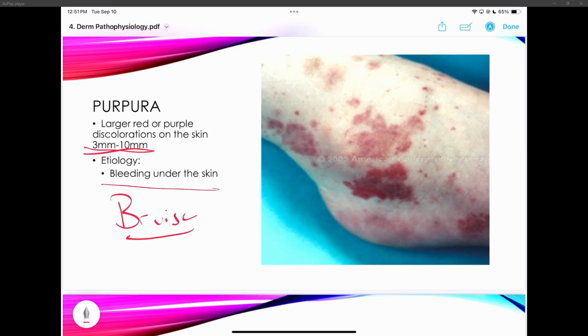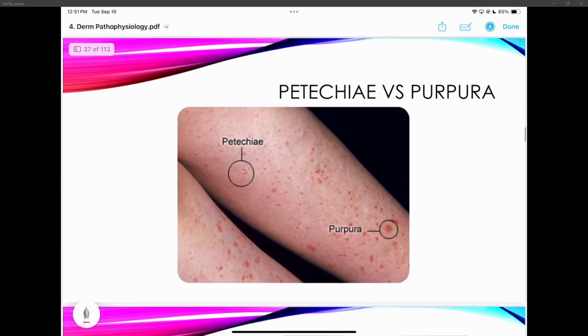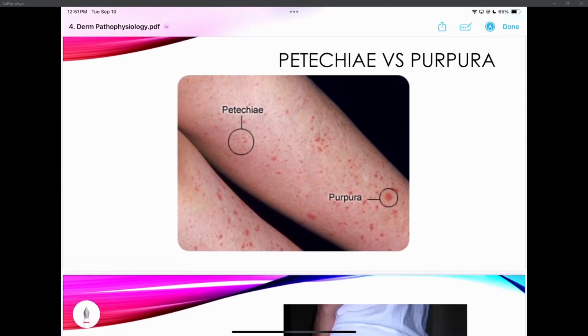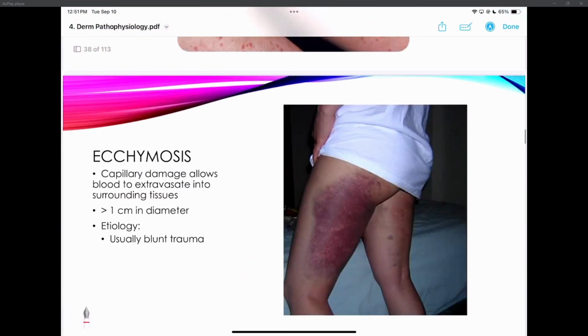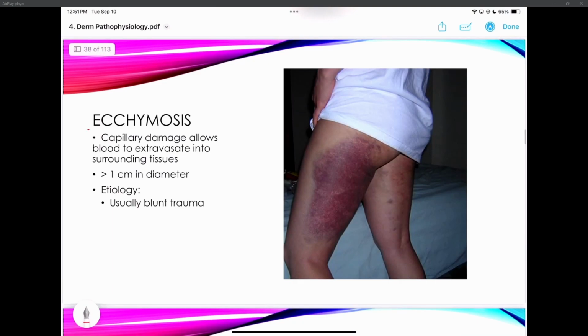Purpura is a bruise, just in a bigger area. So 3 to 10 millimeters in size for purpura. So here's an example of petechiae versus purpura. It's just the size of the lesion. This is ecchymosis, a really severe trauma or a bruise greater than 1 centimeter in diameter.